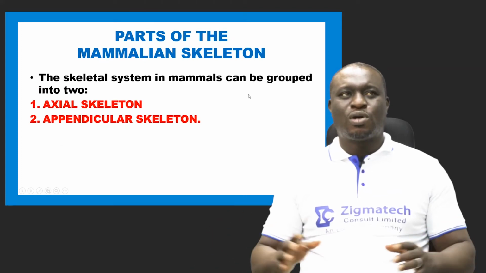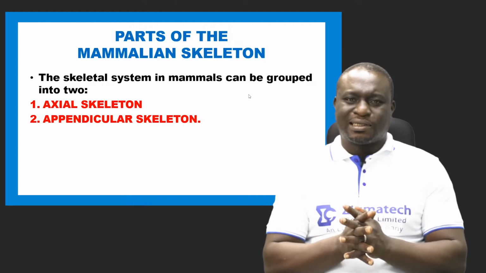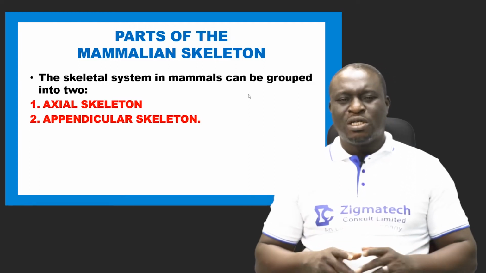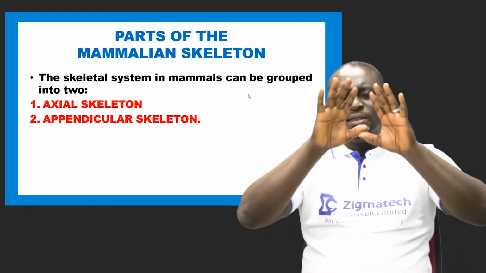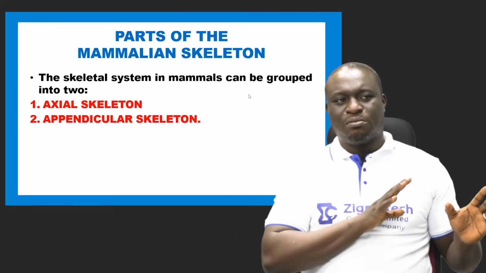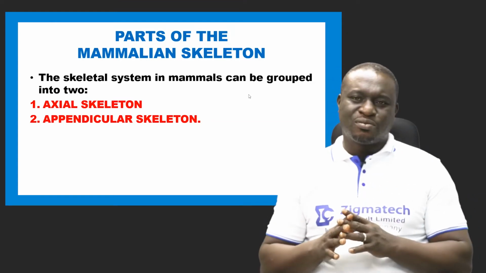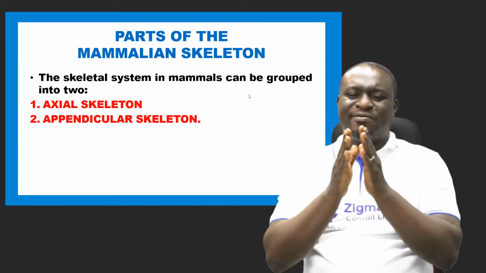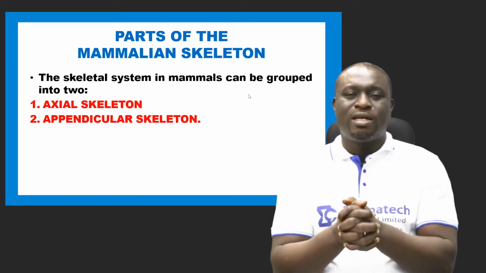Now, let's take a look at parts of the mammalian skeleton. If you look at the mammalian skeleton, as we talked about in the first instance, it is divided into two main parts.